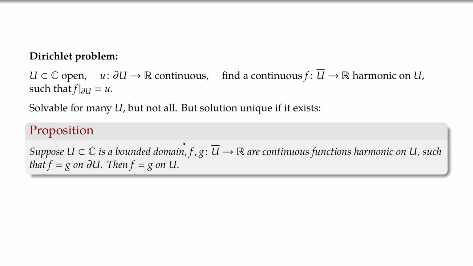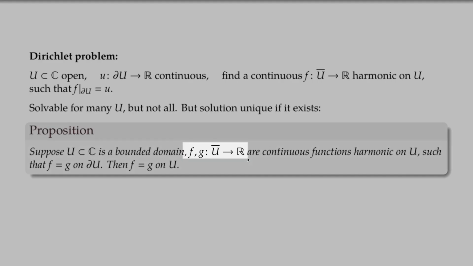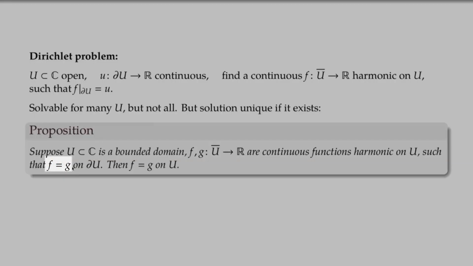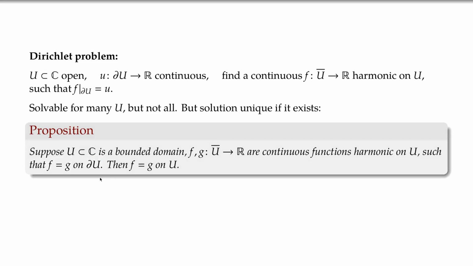And we have two solutions, f and g, of some Dirichlet problem, and they're solutions to the same Dirichlet problem, right? They are equal on the boundary.